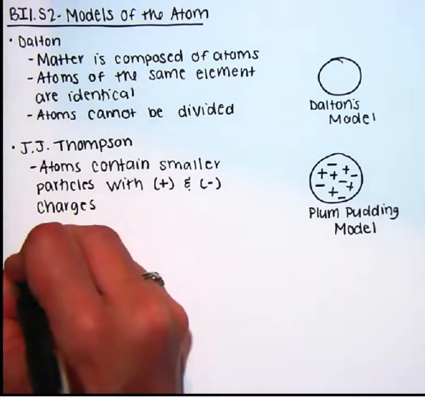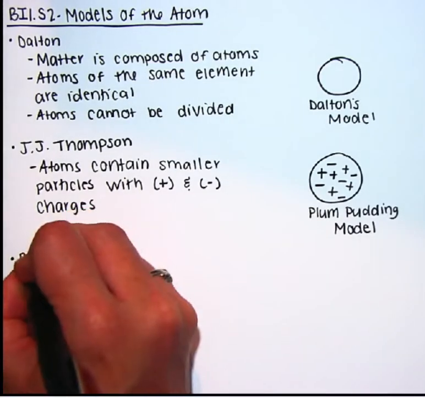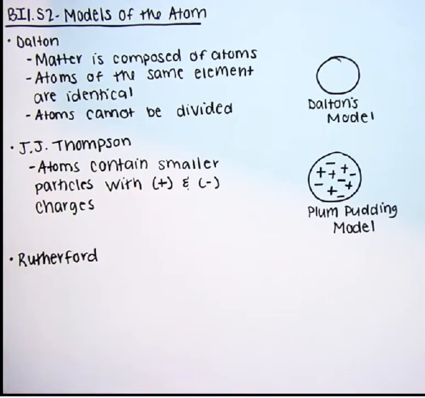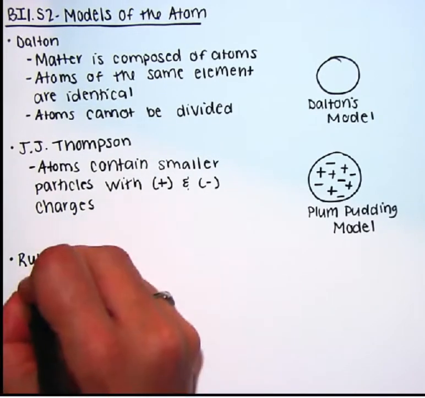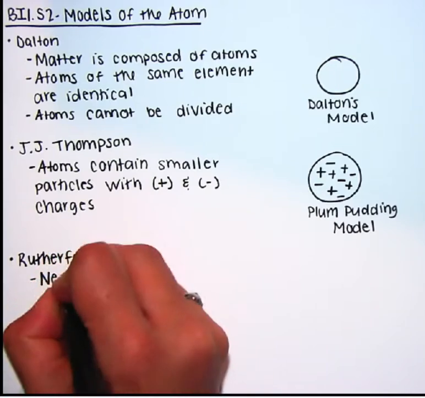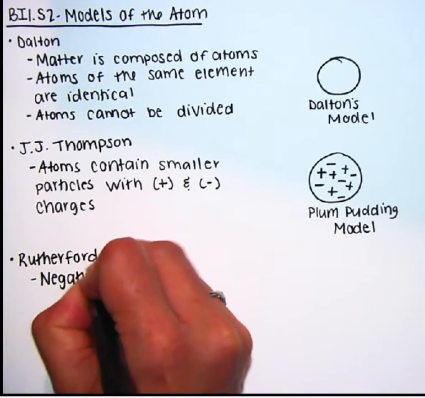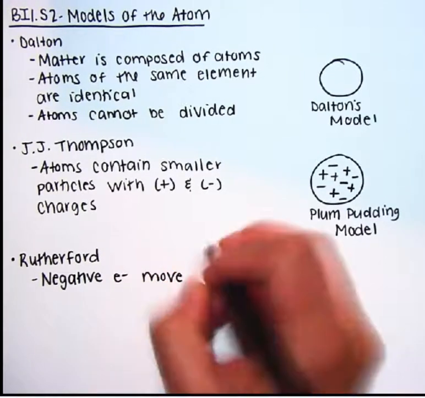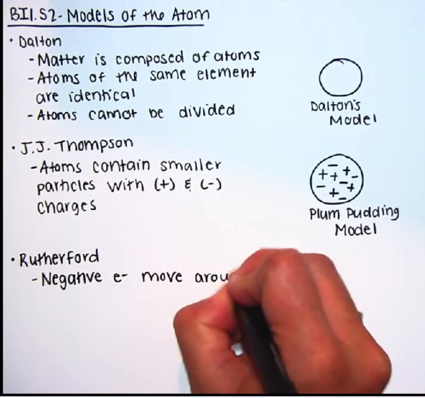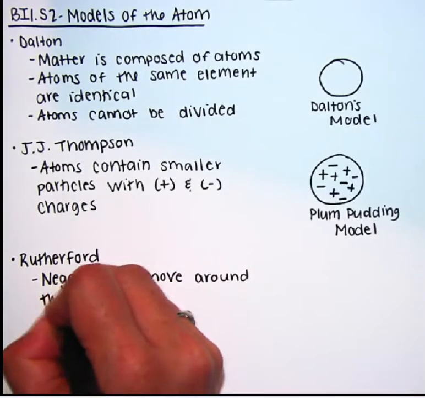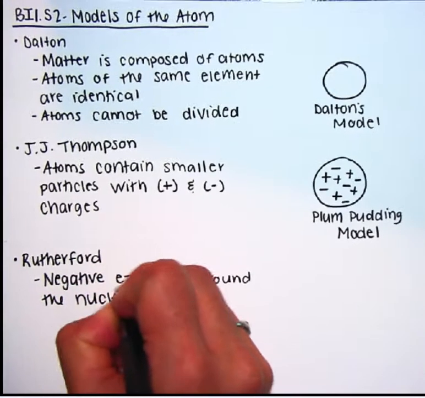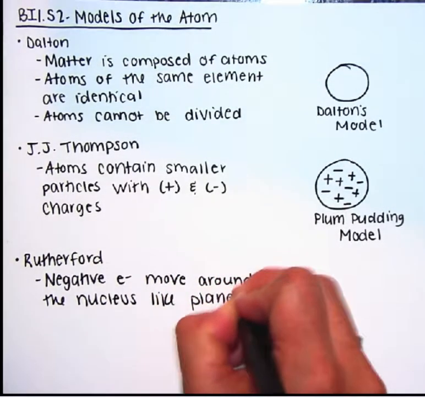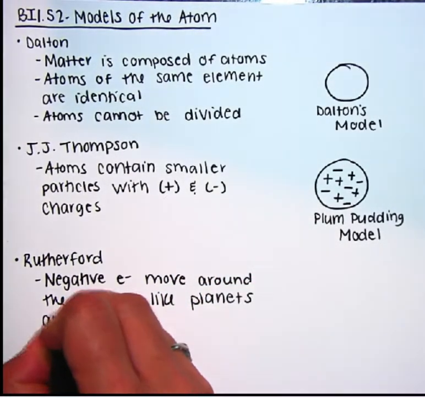So after Thomson came Ernest Rutherford. What Rutherford found was that our negatively charged electrons, he thought they move around the nucleus like planets around the sun.